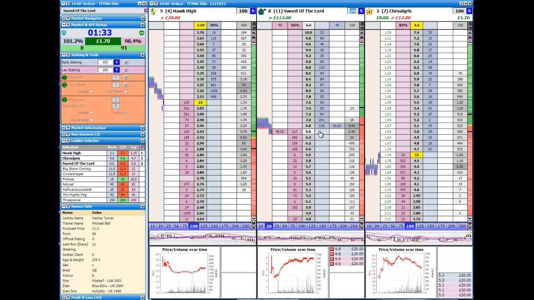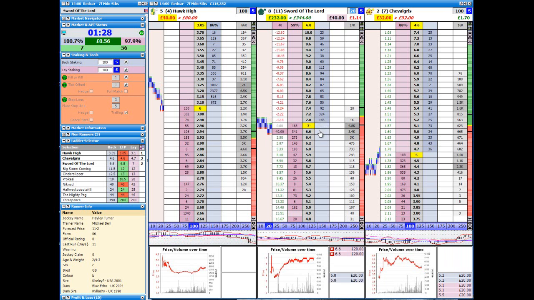There's no point in having a £400 bank and trading with 5 quid, frankly, because you're not going to be losing £400. That's the point. So if you wanted to lay, for example, here at 6.8, you would need £580, £600 in your bank.